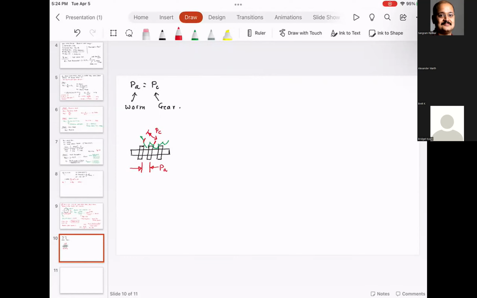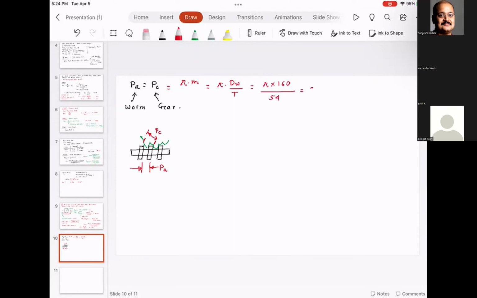And that equation is pi times module, which is pi times diameter of wheel divided by number of teeth. Please note, we already have these dimensions: pi times 160 divided by 54.